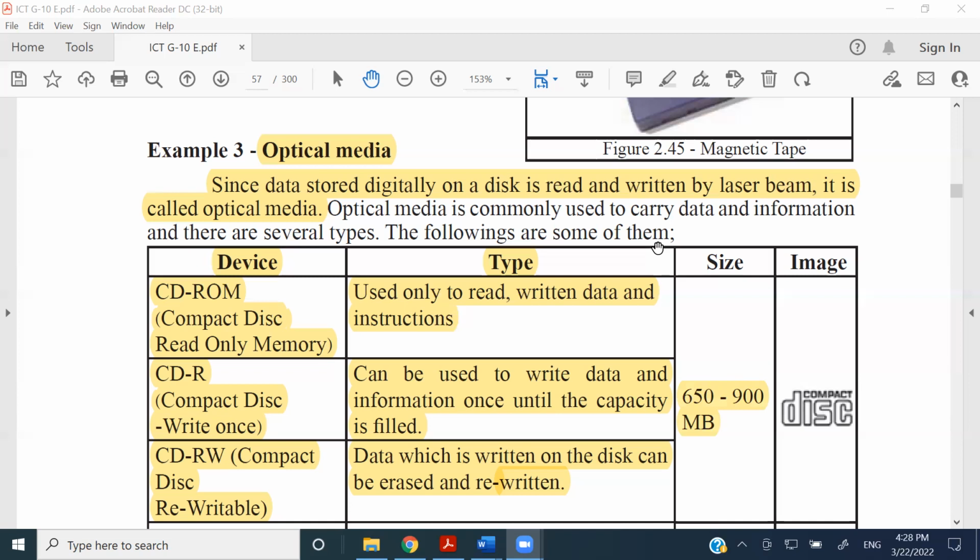So I drew the table. Where should I write the size? You draw the entire thing. Yes, sir. If the table spans the whole page, can you mark it like this too, for these three things, somewhere over here? Okay, sir.